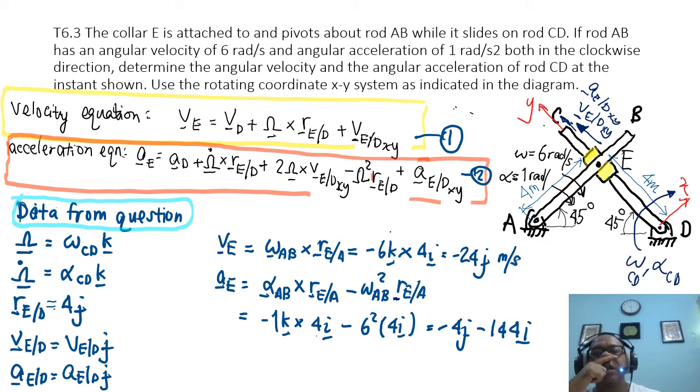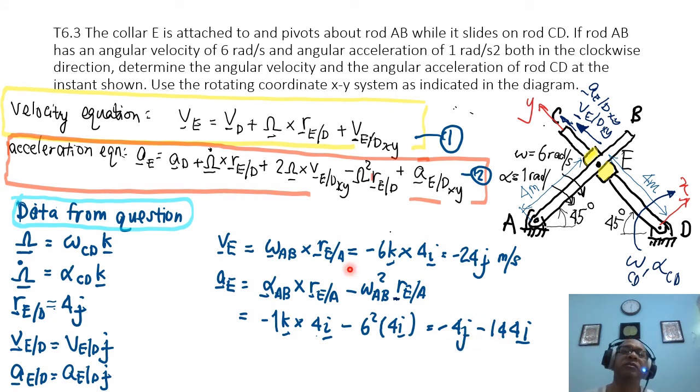Alpha we know is minus 1K. Position vector E relative to A is 4I, and omega squared is 6 squared times 4I. So we have here the acceleration of point E is minus 4J minus 144I.